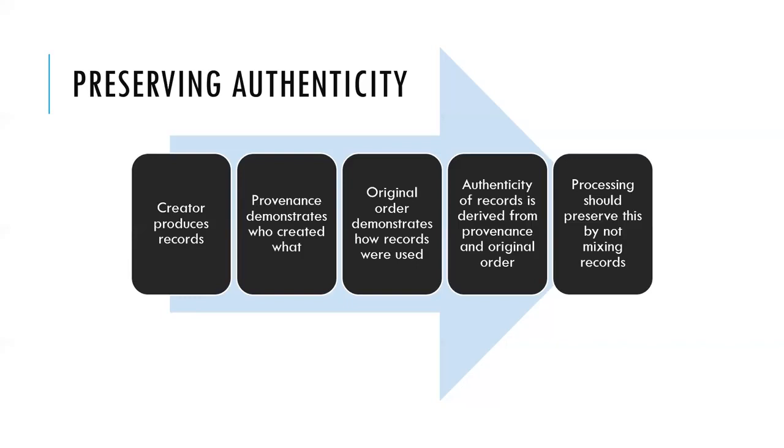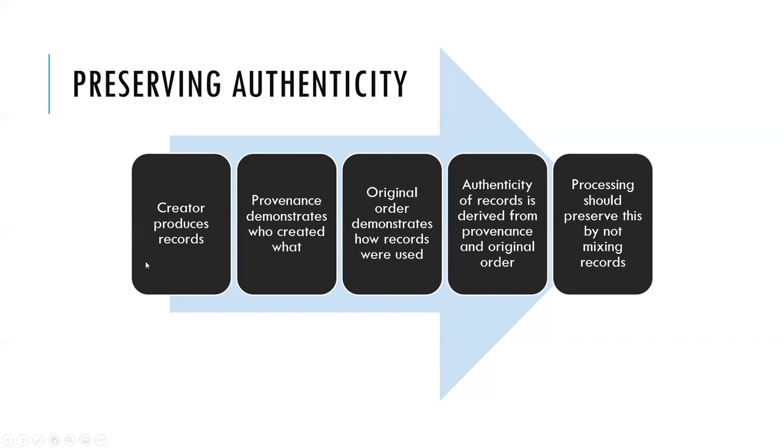And while retaining that original order is the most authentic way to provide access to the records and to portray the records through arrangement and description, oftentimes it's not the representation of the records that is most useful for researchers. And so archivists have to mediate, to take different steps to make what might be a mass of disorganized records more useful for researchers and the archivists themselves, frankly, to use.